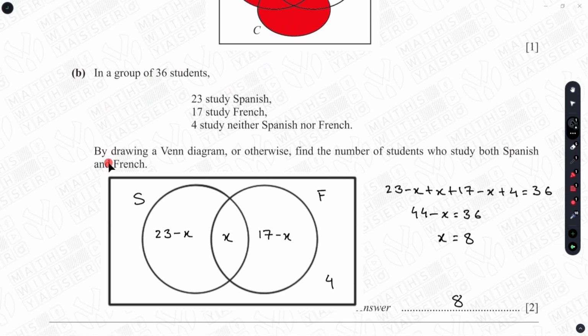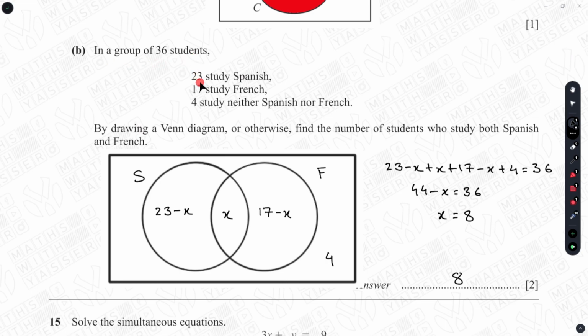Then it says, in a group of 36 students, 23 study Spanish, 17 study French, 4 study neither Spanish nor French. By drawing a Venn diagram or otherwise, find the number of students who study both Spanish and French. So this is the Venn diagram that I have drawn, and I'm considering this circle to be Spanish and this circle to be French.